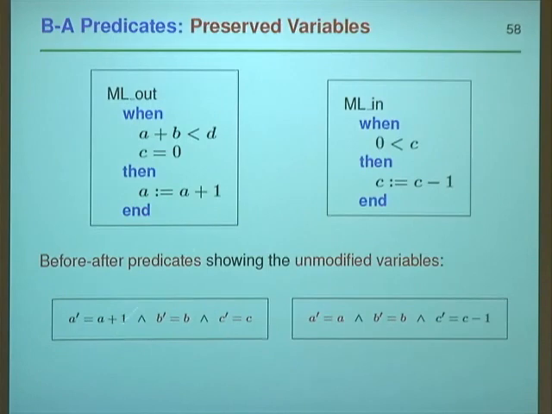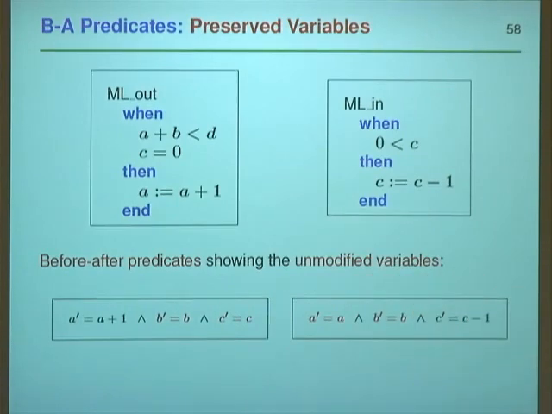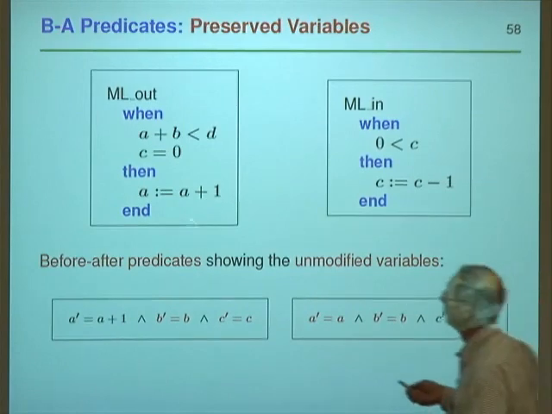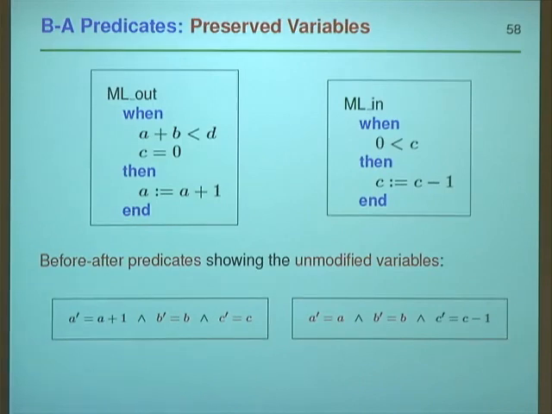So the before-after predicate, for example, for this is A prime is A plus 1, but we have to incorporate B prime is B and C prime is C. Okay, but this is done behind the curtain by the proof obligation generator. This is convenient because it's not necessary to say when something is not mentioned, like in programming, it is not modified.